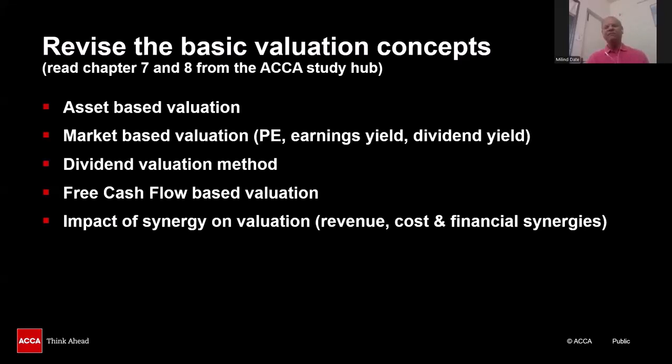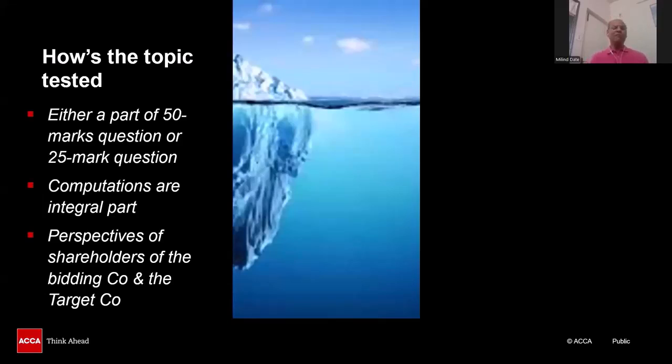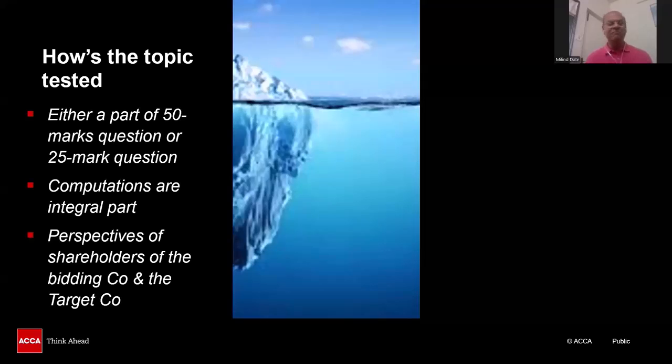Let's now look at how this topic is tested. And then I will illustrate with the help of past exam questions. So the topic can be tested either as a part of a 50-marker question in section A of the exam, or also a 25 marks question in section B. Computations, calculations are of course an integral part of this particular requirement.